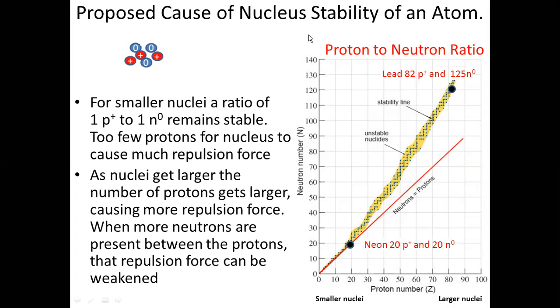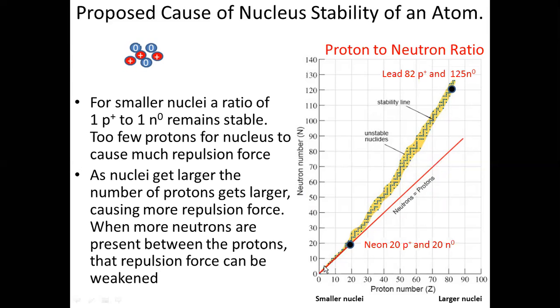So this is our explanation why the nuclei of smaller atoms require a ratio of 1-to-1 for protons to neutrons. But as atoms get heavier, like the element lead, notice there's no longer a 1-to-1 ratio: 82 protons compared to 125 neutrons. That ratio is clearly not 1-to-1 anymore.